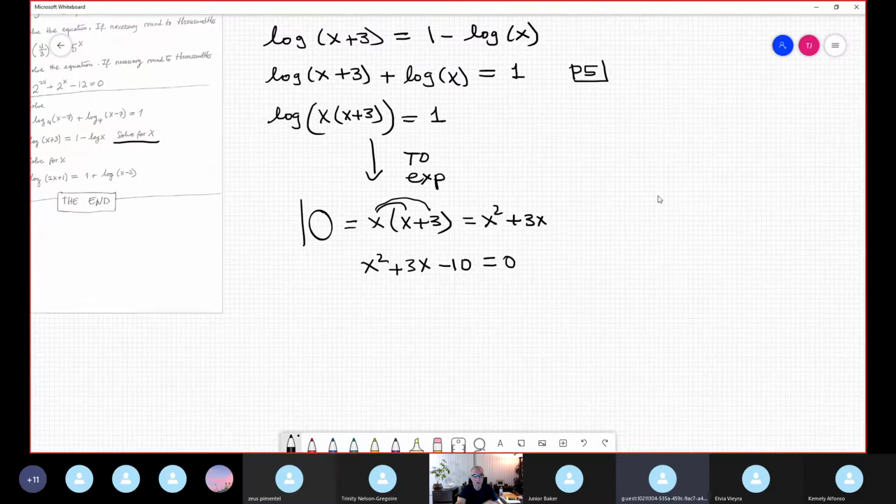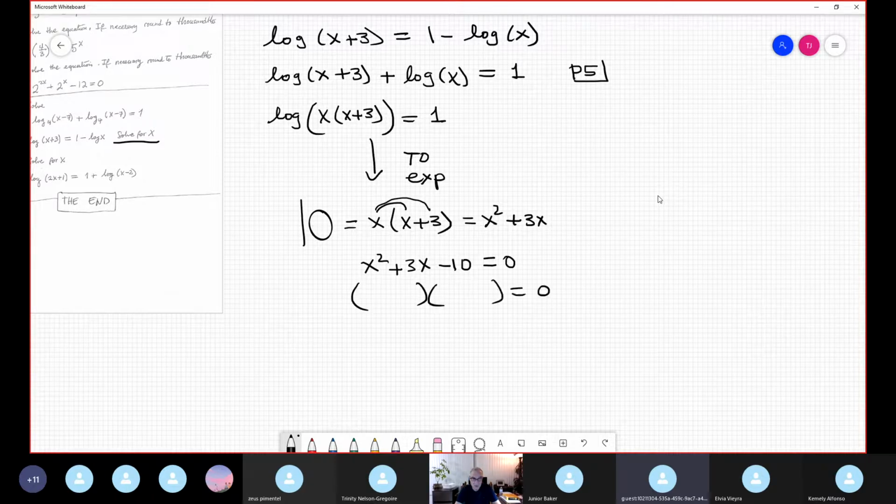What do you recommend? Quadratic formula or factorization? Opinion? You let me know. I do it the factoring way because you see the combination.